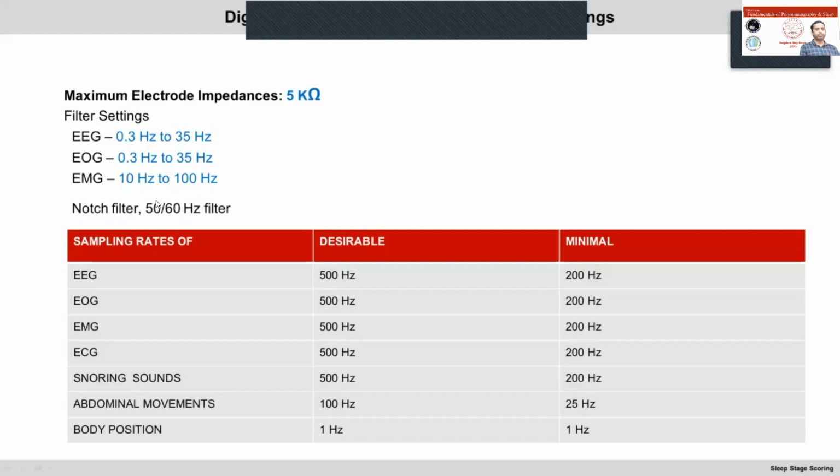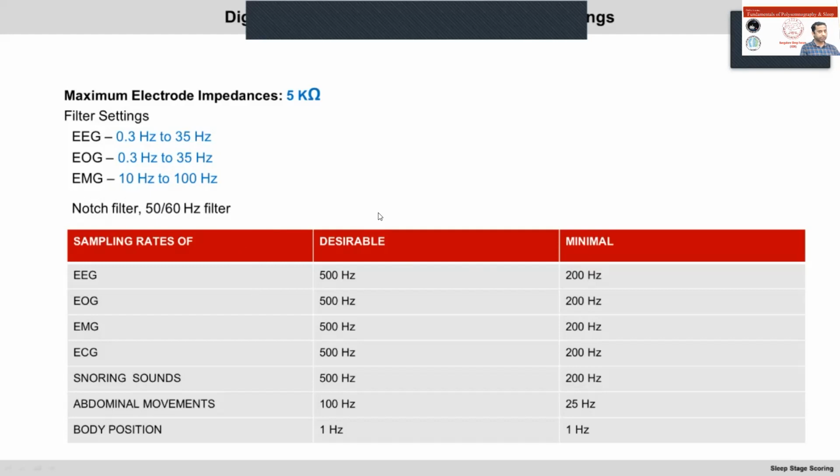The notch filter depends on your country's mains frequency: in India it is 50 hertz, as in European countries, and in the US it is 60 hertz.